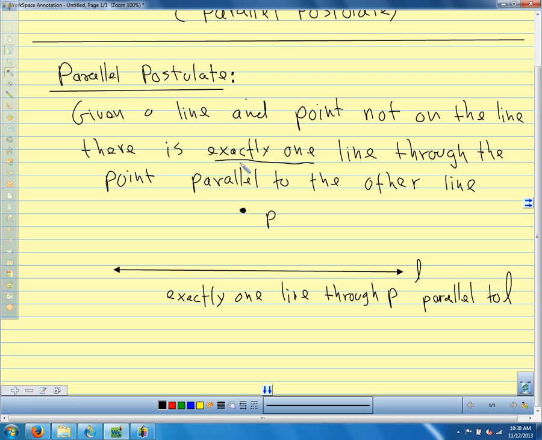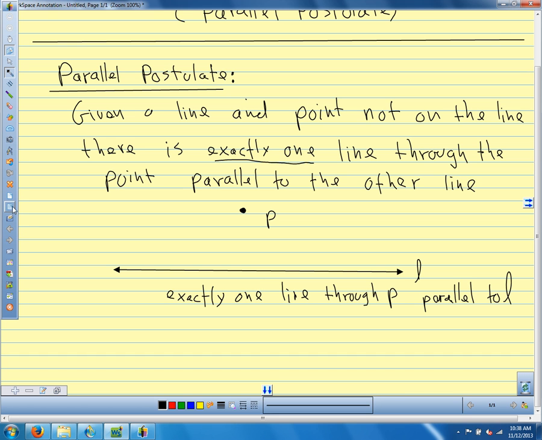For plane geometry, the parallel postulate is really what makes it plane geometry. If we say the parallel postulate isn't true, it leads us to other kinds of geometry, which are a pretty modern invention. So the parallel postulate says through this point there's exactly one line that's parallel to this line L. And this leads us to the triangle sum theorem, and we'll talk about how they're connected.